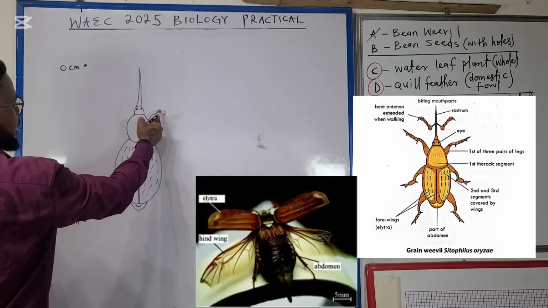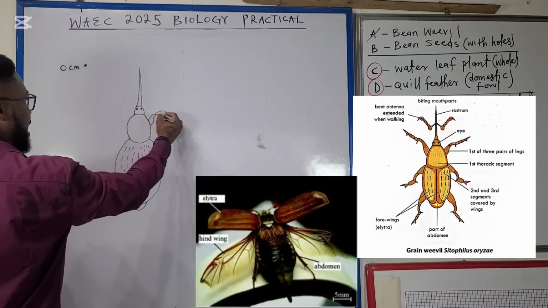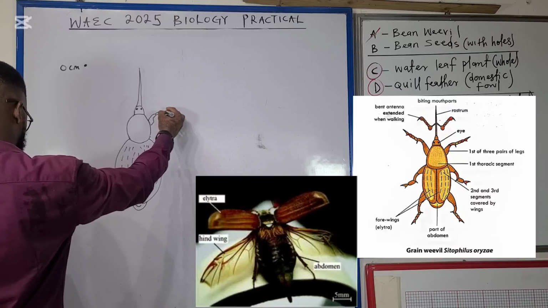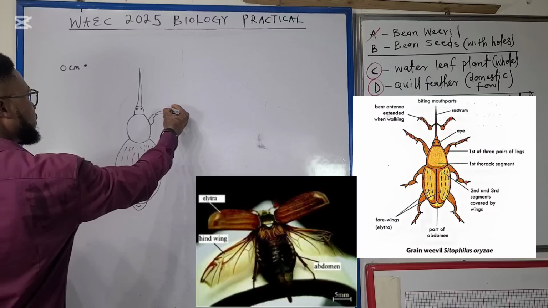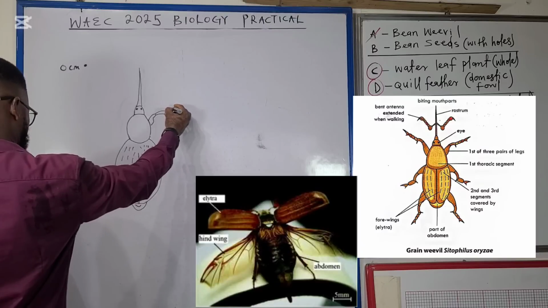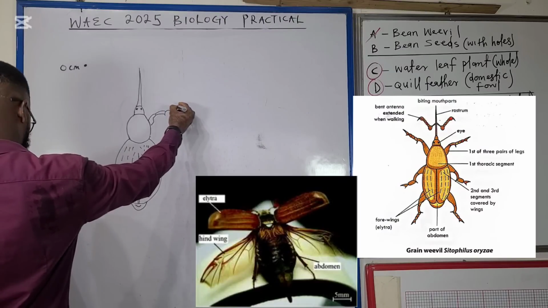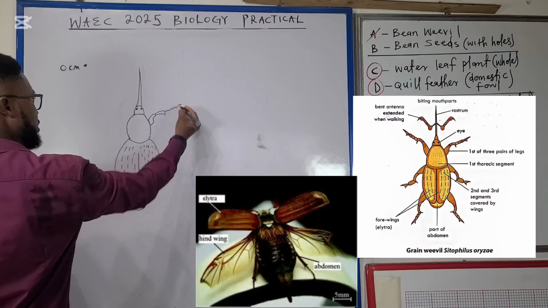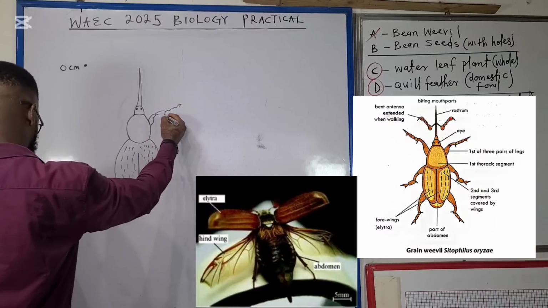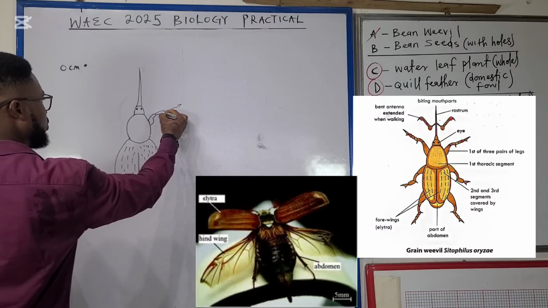You can see this, and then this, and then after that we begin to have some set of other smaller limbs. You can see the shape.